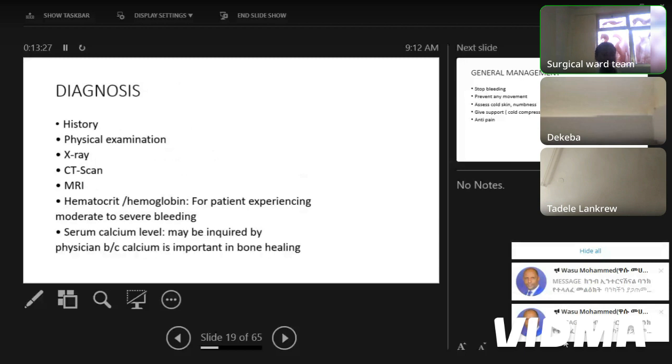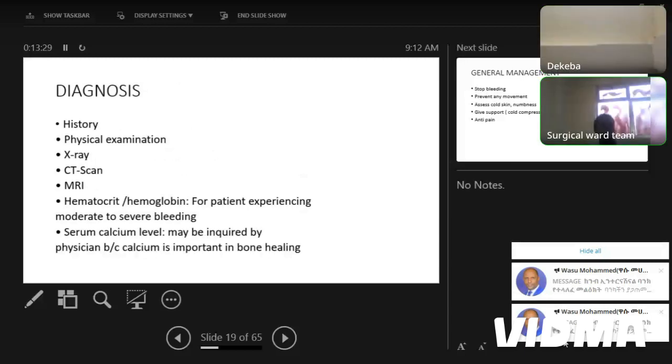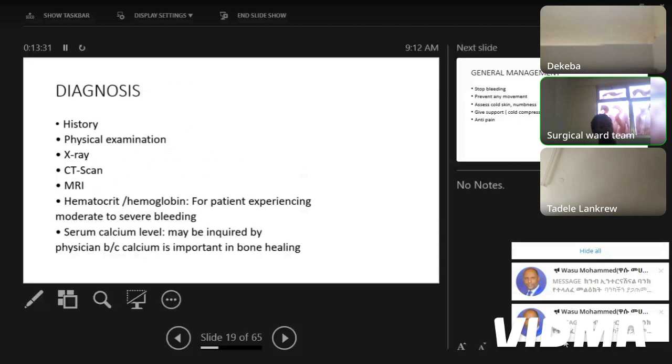Also magnetic resonance imaging, and hematocrit or hemoglobin, because during a fracture there may be bleeding. Hematocrit is very important to the diagnosis, and also serum calcium levels, because bone is the site of what? Calcium storage, as I said before, and calcium is also very important in bone healing.